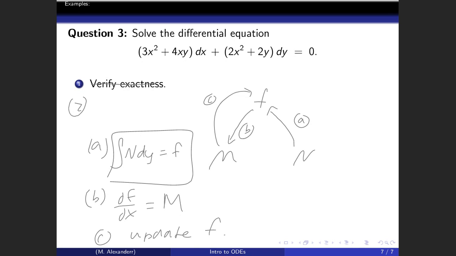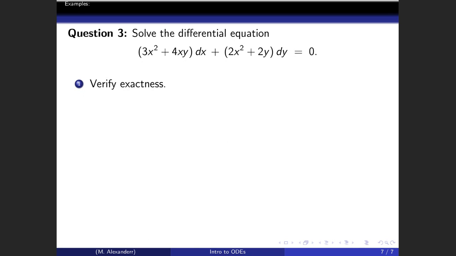All right, let me clear this up. Before we start trying to find the f function, we need to figure out whether this is an exact differential equation. Because if it is not exact, then this whole process of reverse engineering the f function doesn't work. We will be stuck in limbo. So we identify the m function to be that, and the n function to be that.